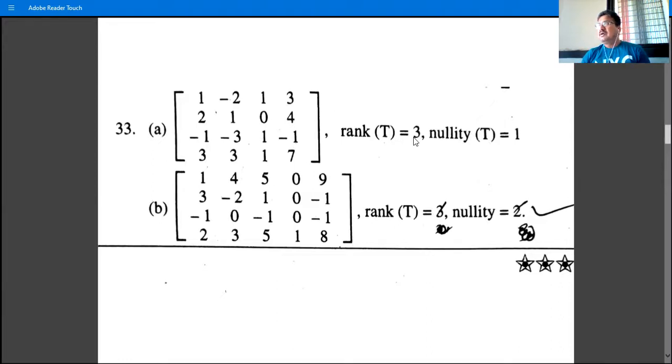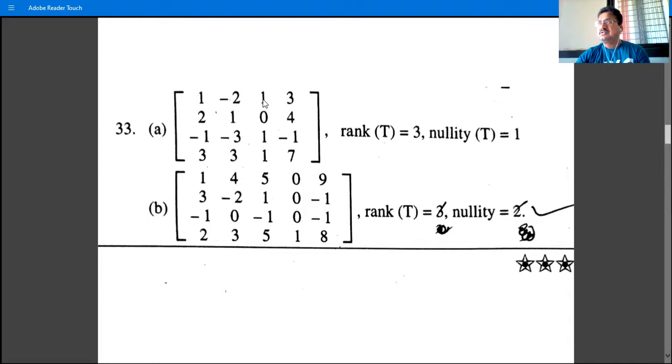What is the theorem for rank nullity? Theorem for a matrix: the rank of A plus the nullity of A is equal to the number of columns in that matrix. So how many columns are in this standard matrix? There are 1, 2, 3, 4 columns.